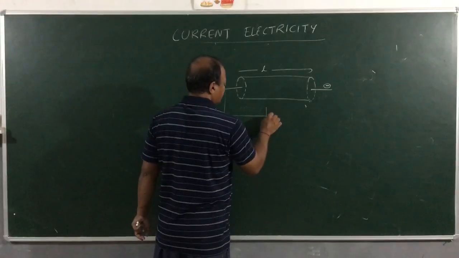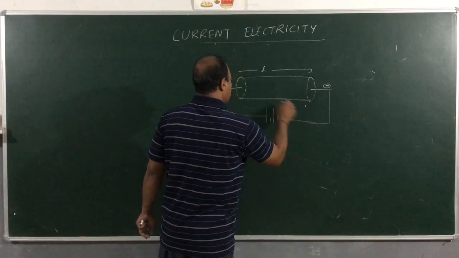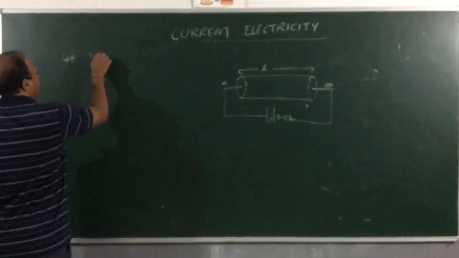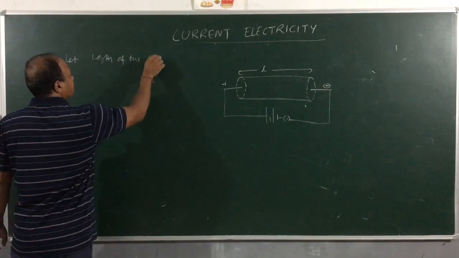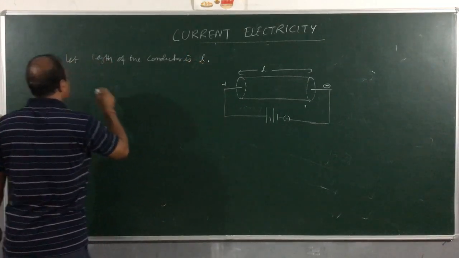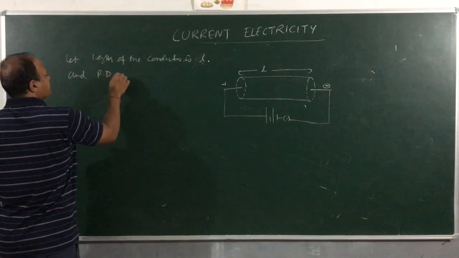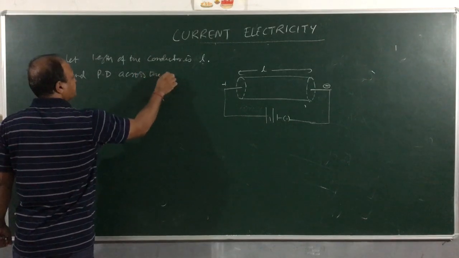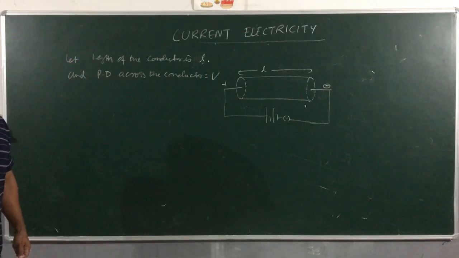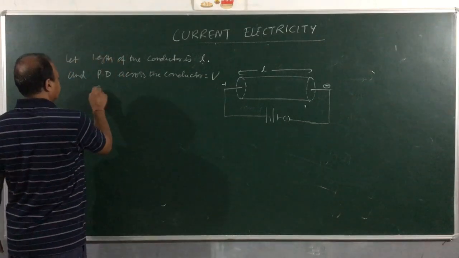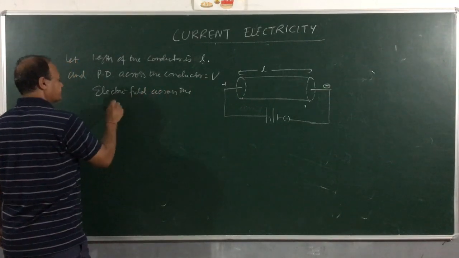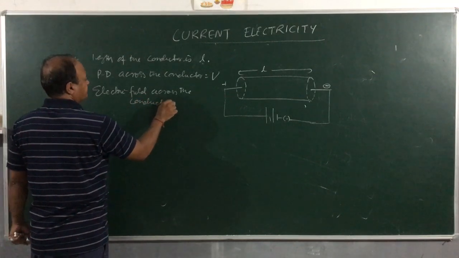I can as well draw a battery out here, and I can put a key, and assume the potential difference across the conductor is V. Let the length of the conductor be L, and the potential difference across the conductor be V. So if applied potential difference is V and length of the conductor is L, then you know the electric field across the conductor E is equal to how much, children?